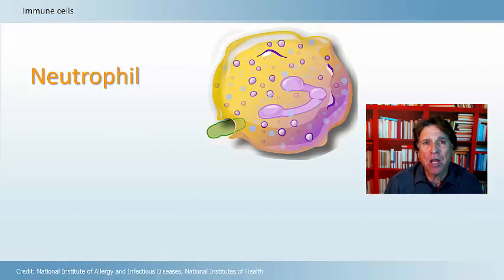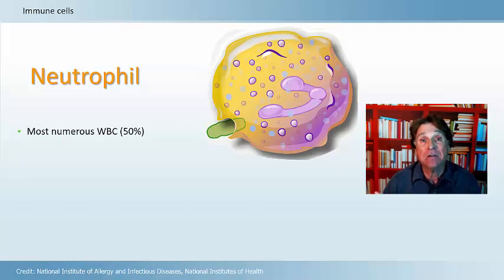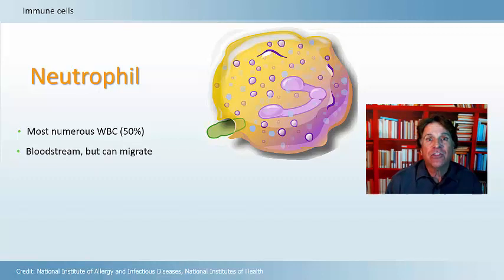The first type I want to mention is called a neutrophil. And the neutrophil is the most numerous of the white blood cells, and it can account for 50% or even more of those white blood cells. They travel mostly in the bloodstream, but they can migrate out of the bloodstream in areas where there is an infection.